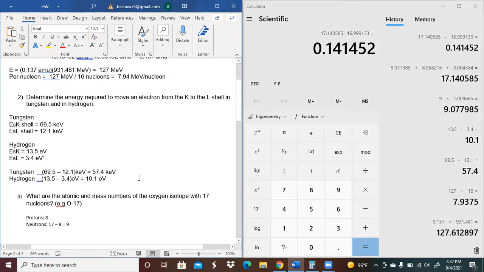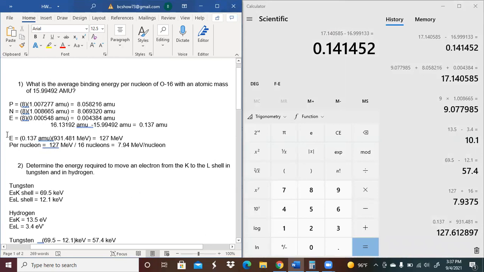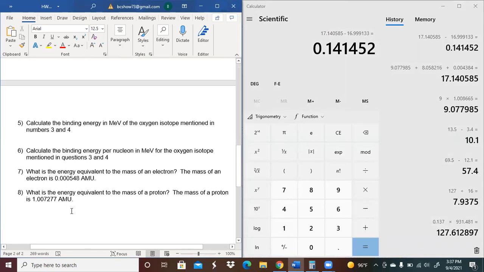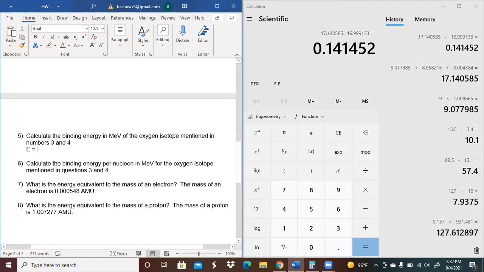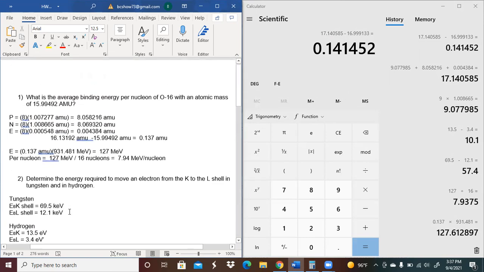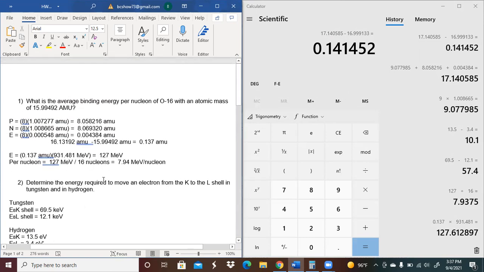So if we take that and multiply it here by 931.481 MeV, we're going to come up with that. Let's make sure I have that right. 931.481.